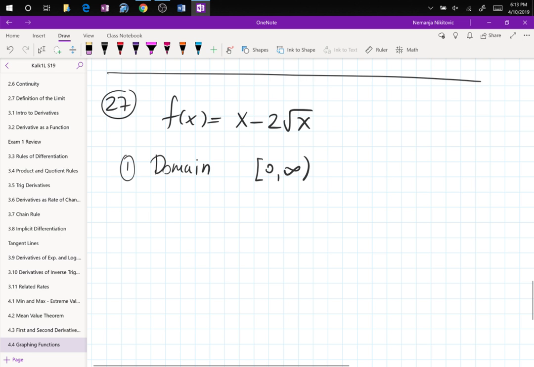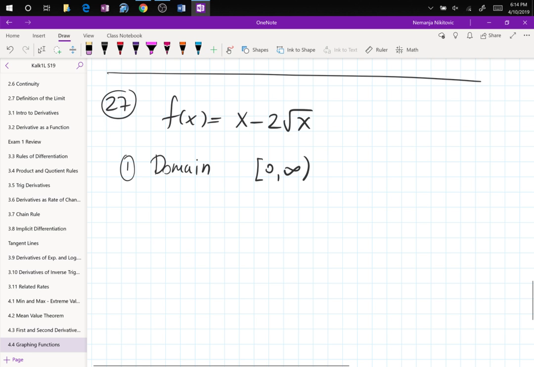So for the domain, you have to look at each piece. The one that is most restricted is the one that is going to dictate across the board, right? Can I plug in -7 for x? Sure. Can I have -7 under the root? No, right? So -7 is out of the domain.